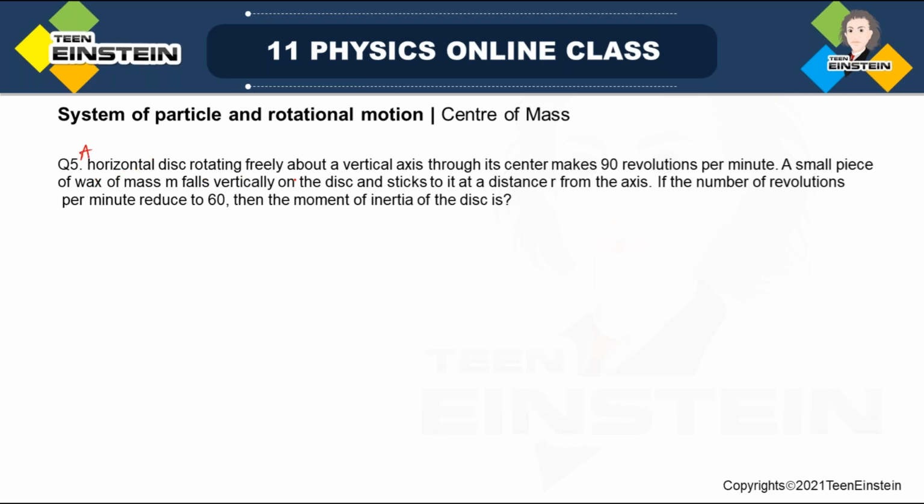Here, a horizontal disk is rotating freely about a vertical axis. Suppose there is a disk like this. It is rotating about this vertical axis and makes 90 revolutions per minute. Let us say this is the initial revolutions per minute, which is a kind of frequency we can find out.